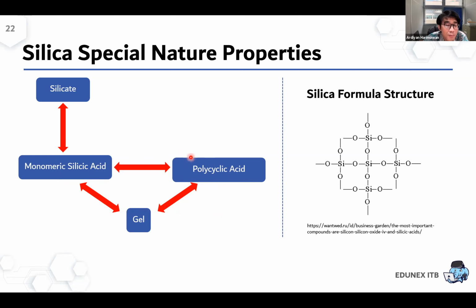It means the removal is also difficult. If you have a concentration of silica in water, then during the process silica can create scale, and the scale is very, very sticky. It is very hard, and it can damage the boiler, for example.